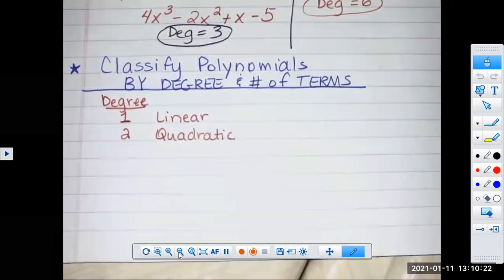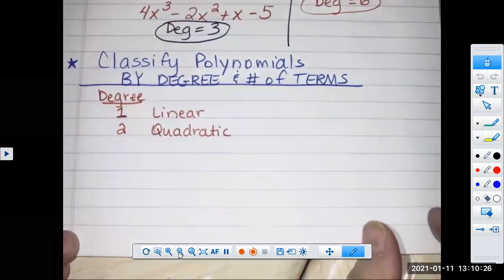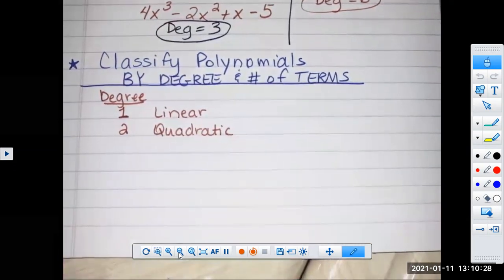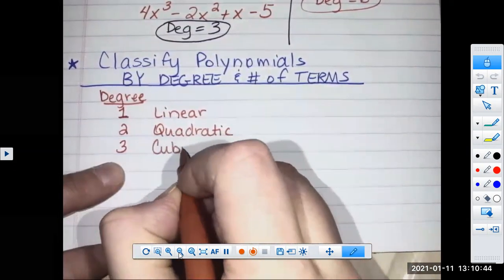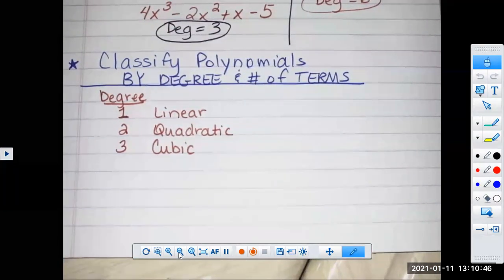I know, I wish they would just change that, because you've been taught all through elementary school, quad 4, and then in upper level math, degree 2 means quadratic. If you have x to the 3rd as your highest exponent, that's cubic.